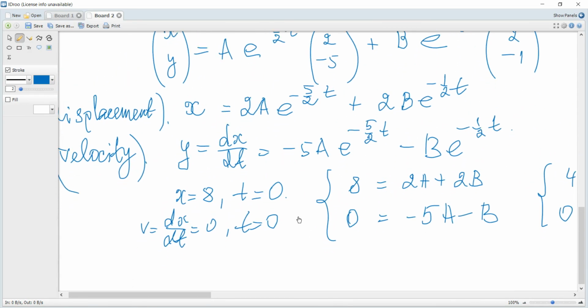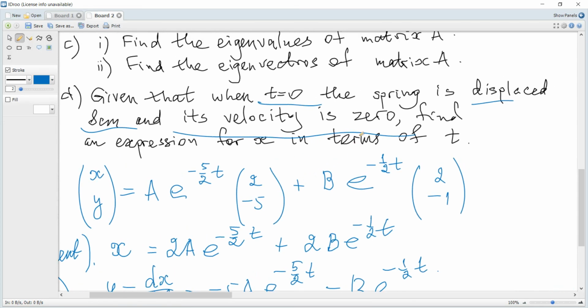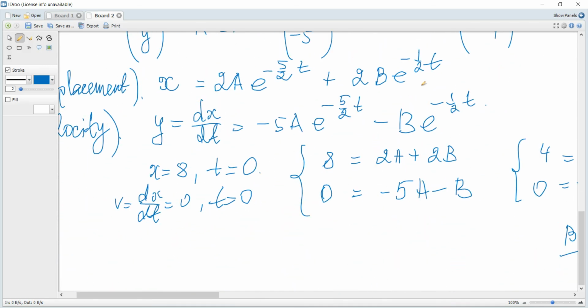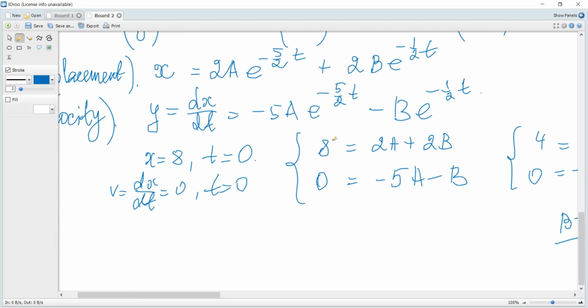Finally, what do we need? We need the expression for x only, so we need only this one, though in general there may be a question about velocity or something like that.